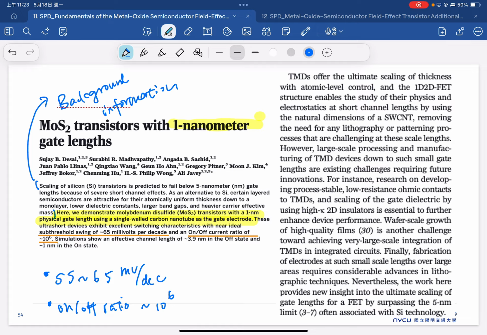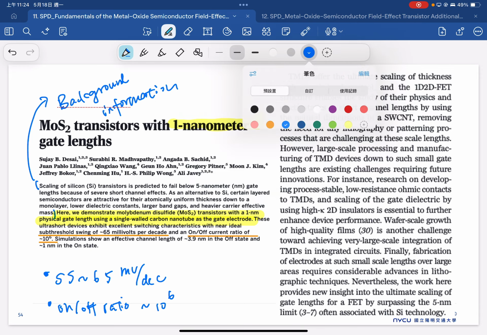These two characteristics we were already taught in the first class a long time ago, in the March or February, in the first class. We already talked about the key results for a transistor: the on-off ratio and subthreshold slope. So this paper just tries to demonstrate that.